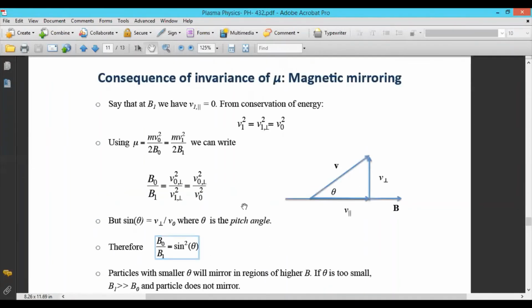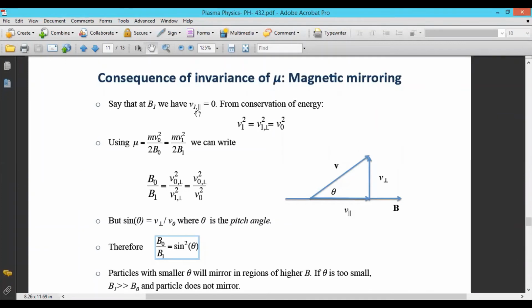Let me consider this and say that at B1 we have V parallel equals 0. From conservation of energy, we know that if we have initial velocity V naught, and final velocity with components V parallel and V perpendicular, then V naught square should be equal to V1 parallel square plus V1 perpendicular square.